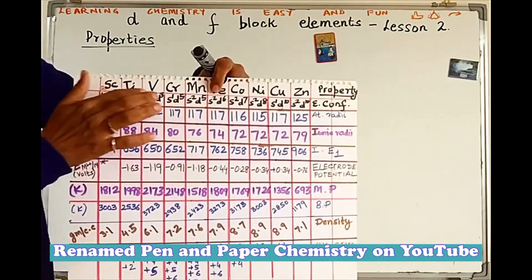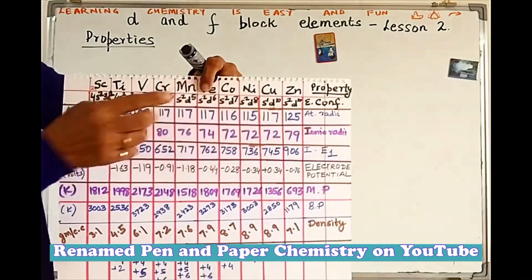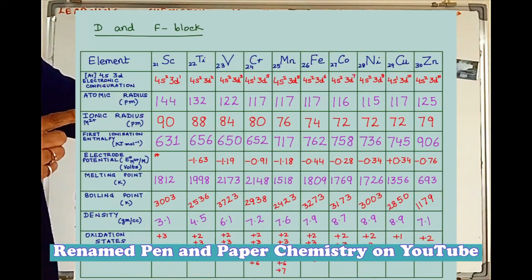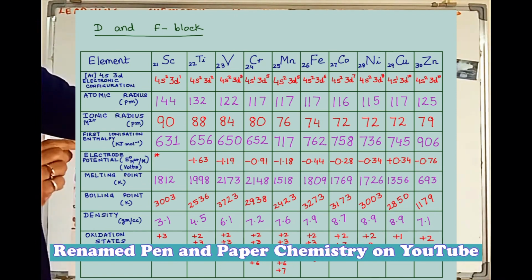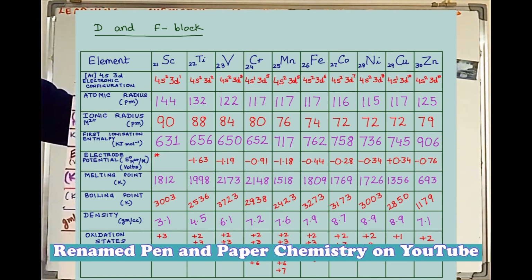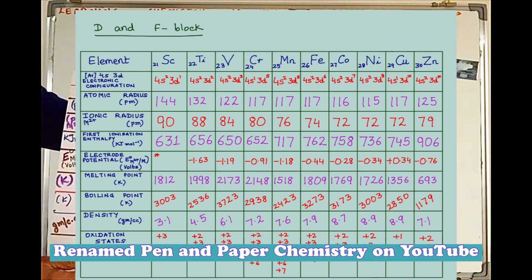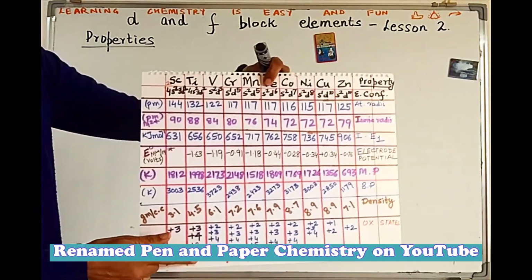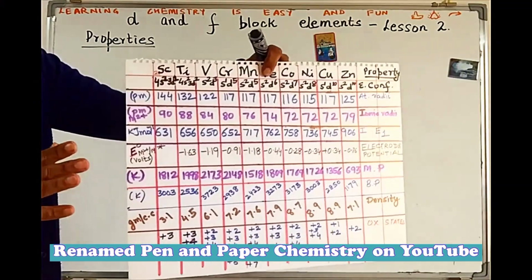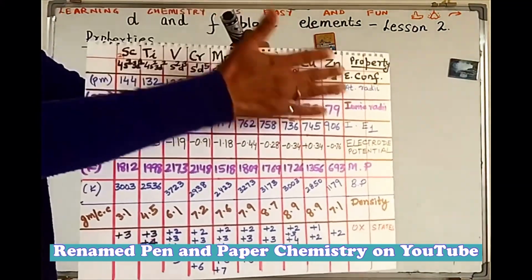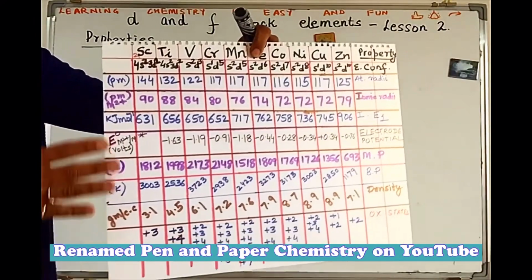Of course at the top we've put the electronic configuration, followed by the atomic radii, ionic radii, then the first ionization enthalpy, then the electrode potential, melting point, boiling point, density, and of course the oxidation states.